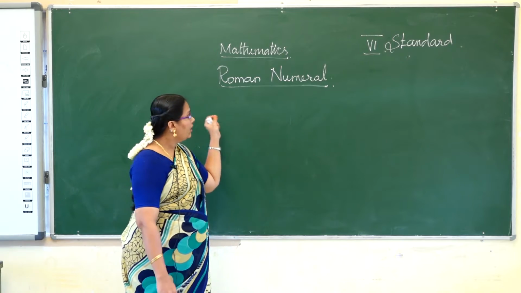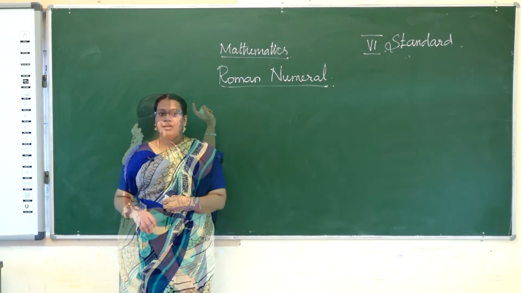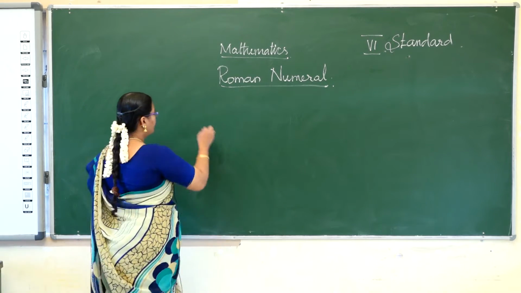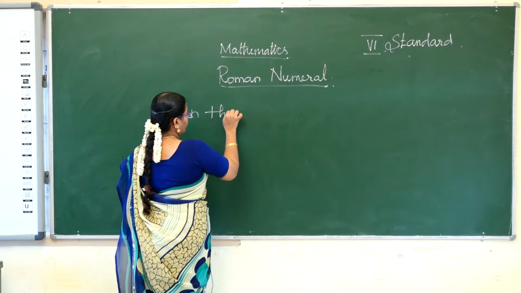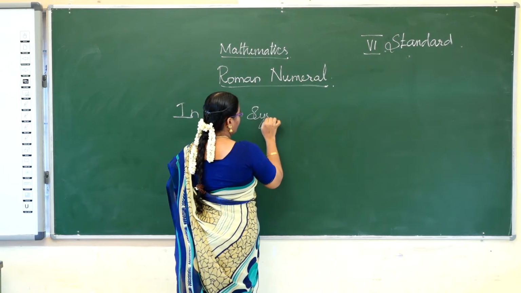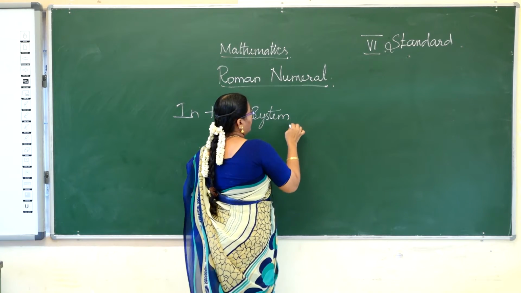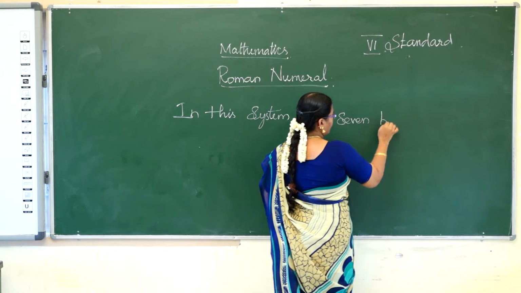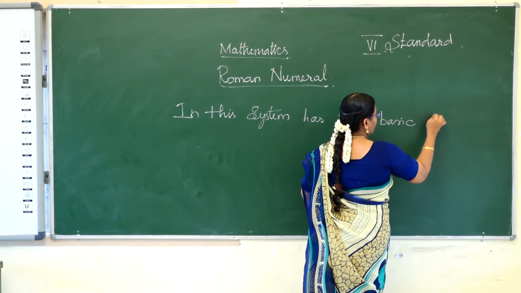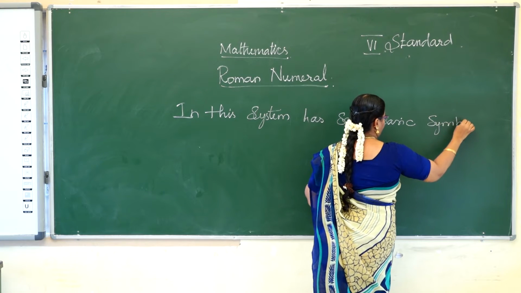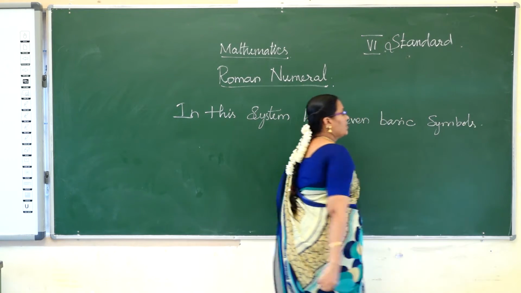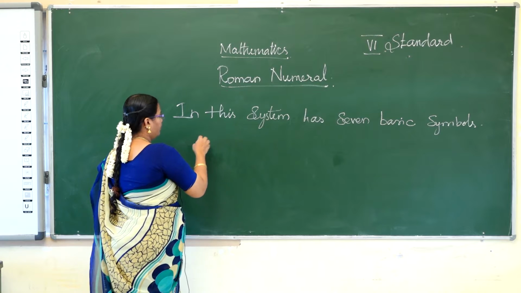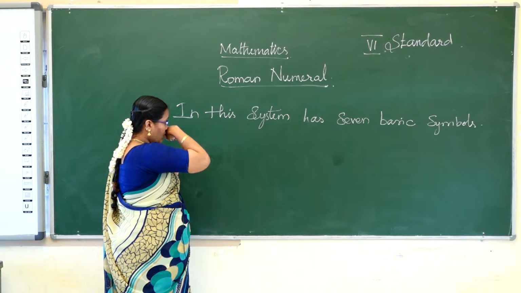Still we are using the Roman numbers, and this system has 7 basic symbols.